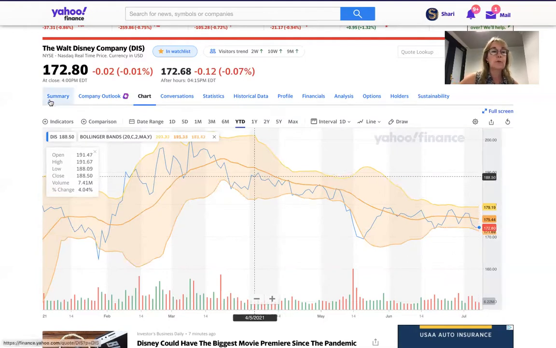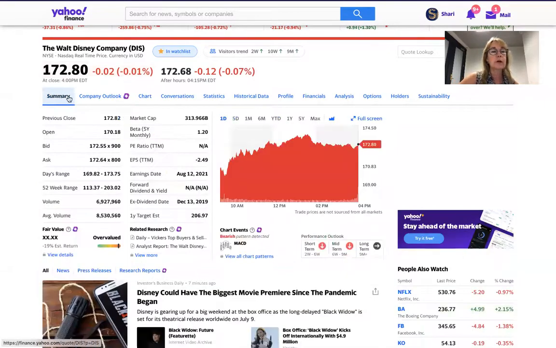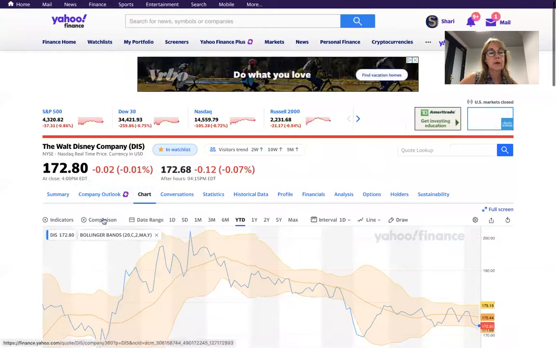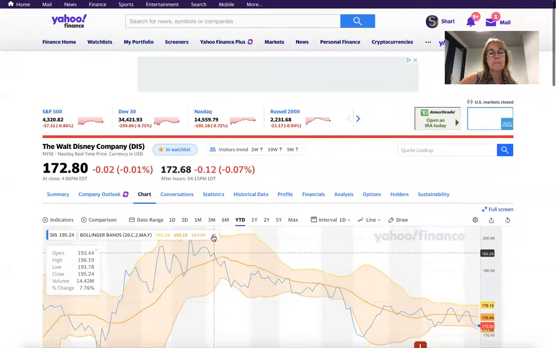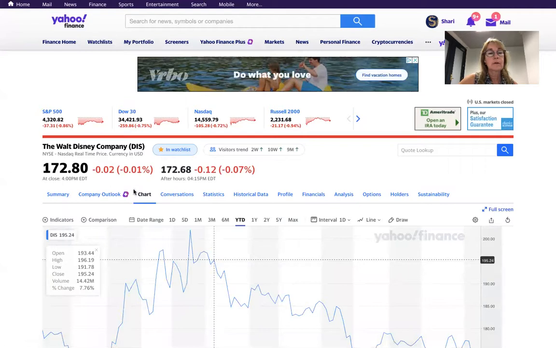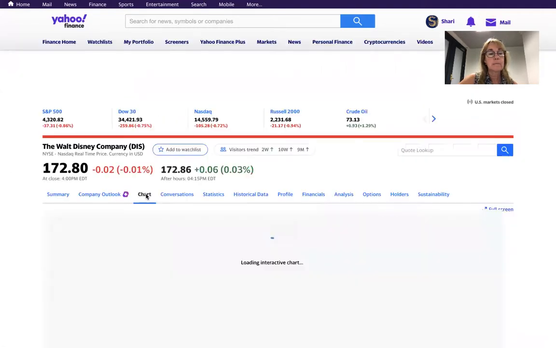Okay, then the last one I want to look at is the RSI. So let's look at the RSI for Disney. This is actually one of my favorite ones to look at.